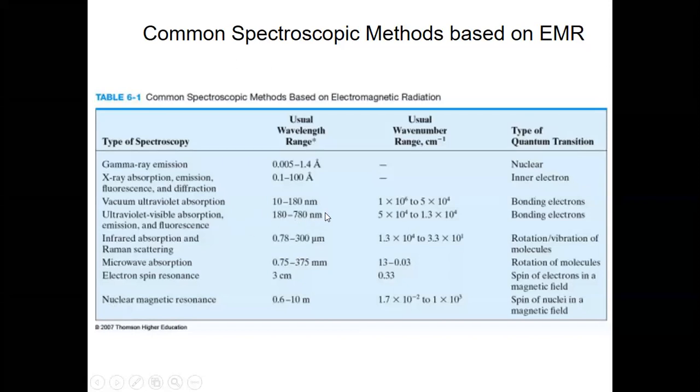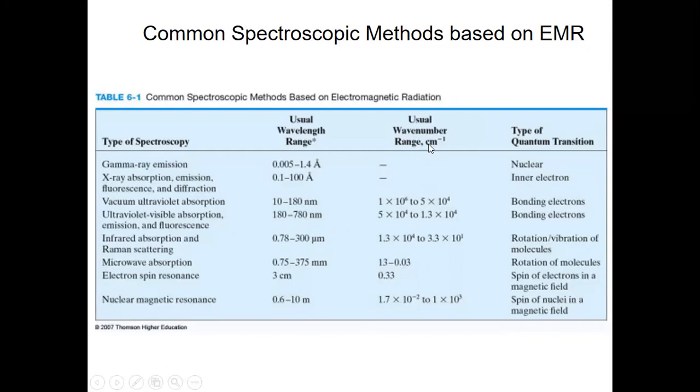And normally when you do a UV scan, we will select 200 to 800 nm as the wavelength scan range. It's because the electromagnetic wavelength range which corresponds to the UV-vis is 180 to 780.